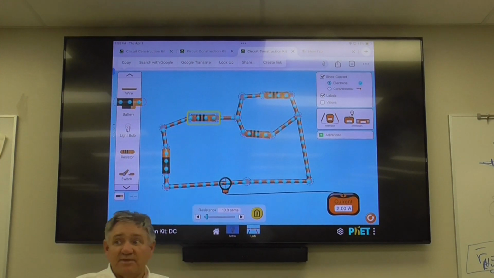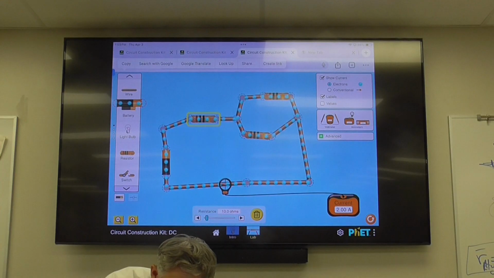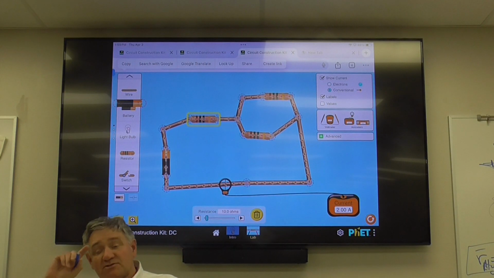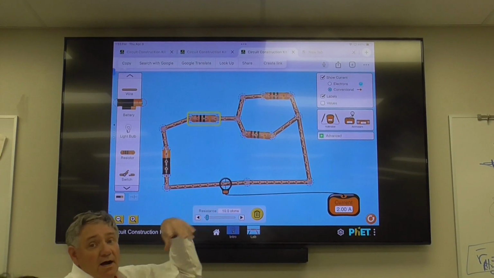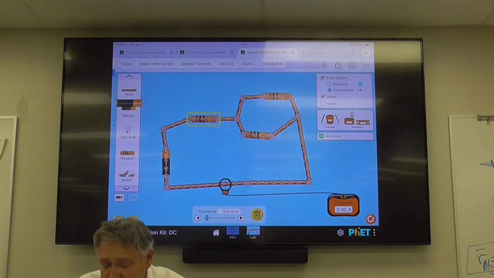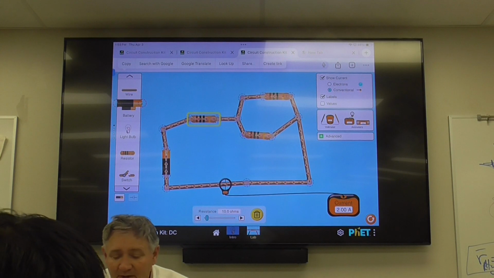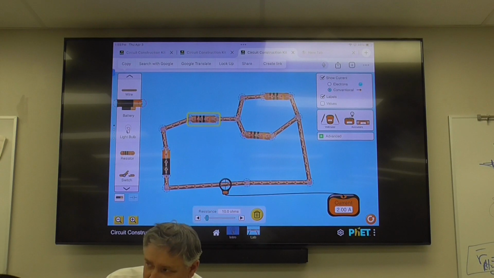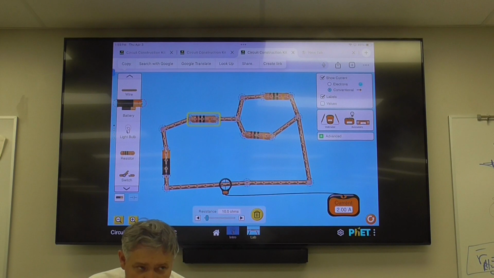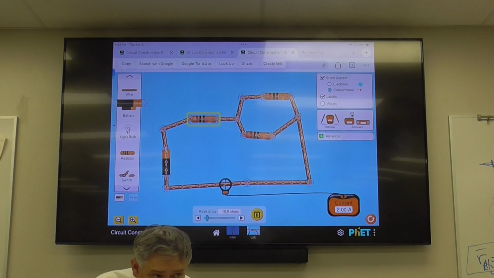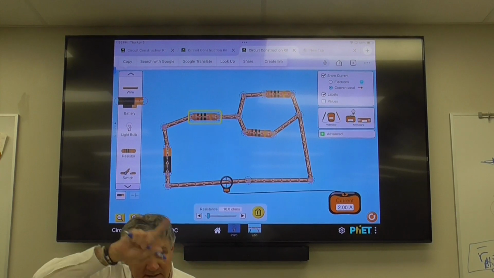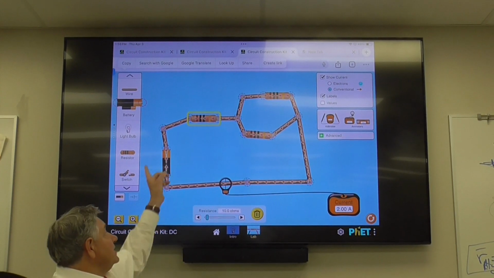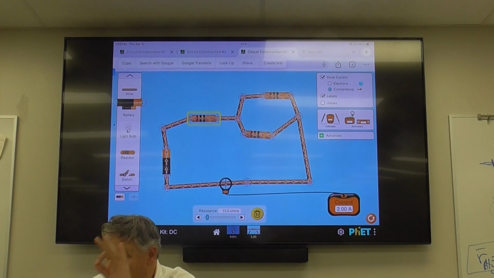Now, this is the actual path of the electrons. The conventional one reverses that and shows it coming from the positive terminal. Usually, if you're taking the AP test or my test or anything, if I tell you to talk about the current, unless I specifically tell you to worry about the movement of the electrons, you assume that it's the conventional idea of the current, and in this situation, that's going to be moving clockwise from the positive terminal around.